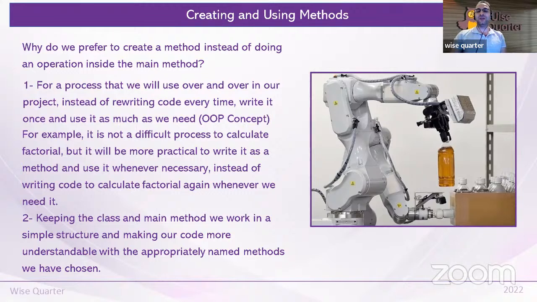For example, you are working in a company and you wrote a lot of different code, and let's say you became the boss, and a new guy starts working in the same place. He or she will be able to understand it if there is less code in the main method, of course.